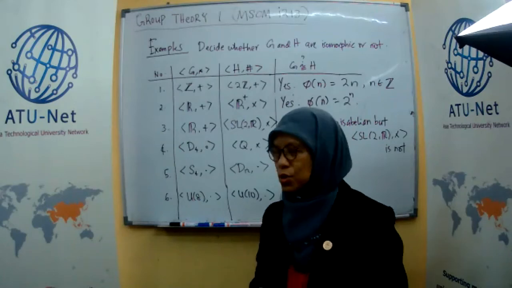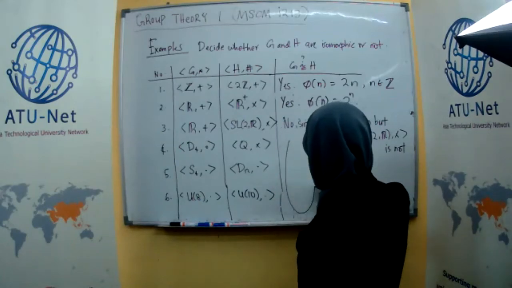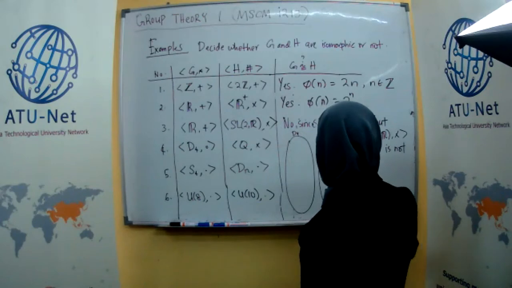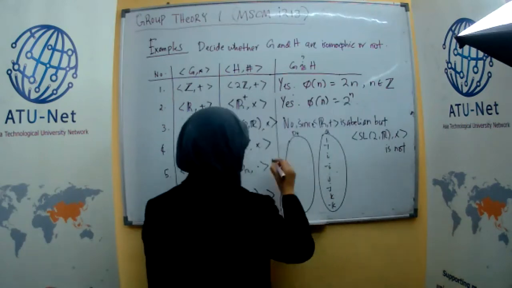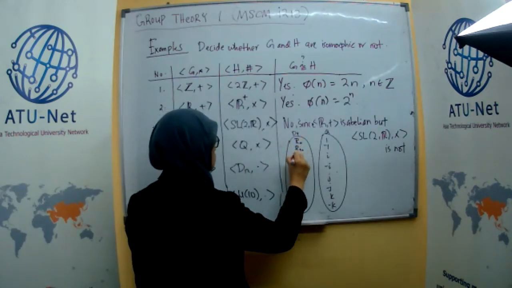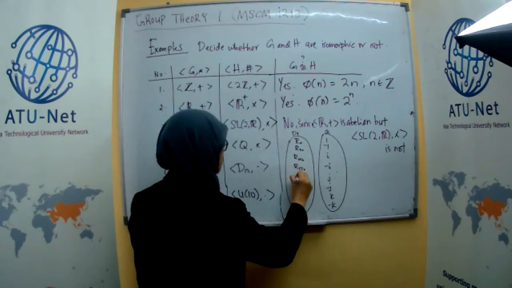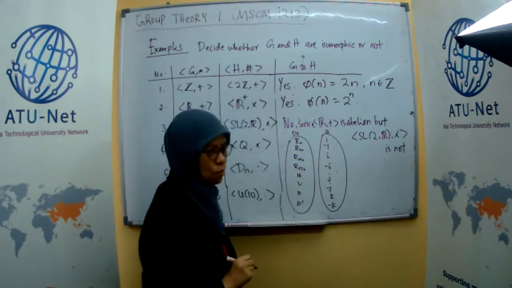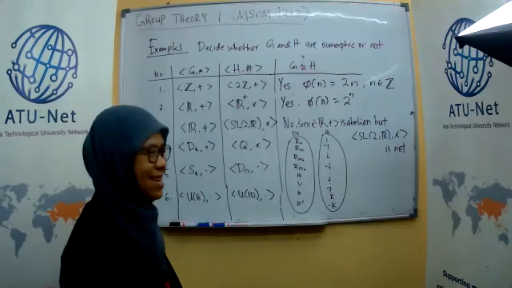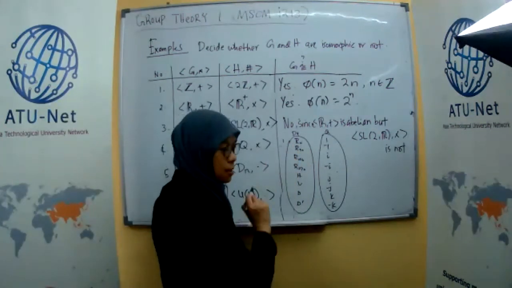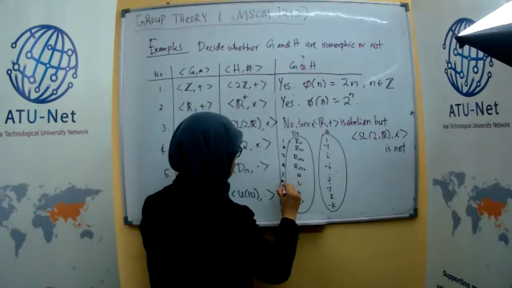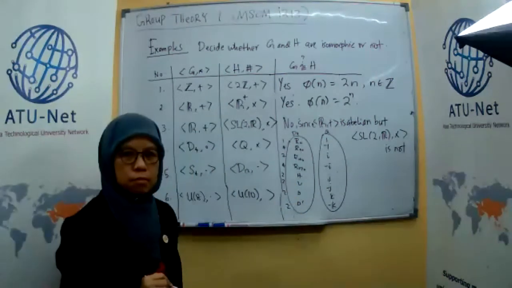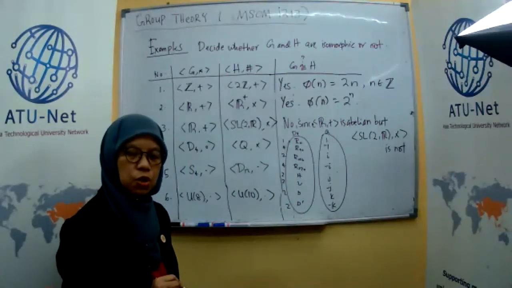So, if you remember D4, can you see it? This one is order 1, this one is order 4, this one is order 2, this one is order 4, and these are all order 2. What about the order of the elements in Q?